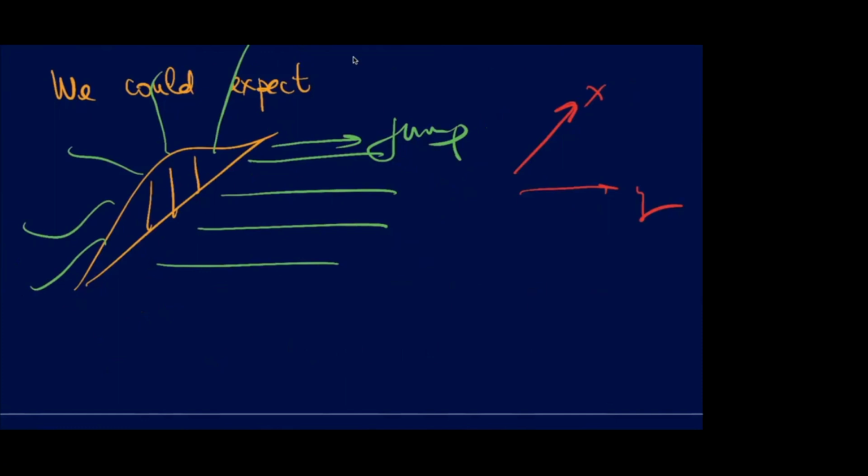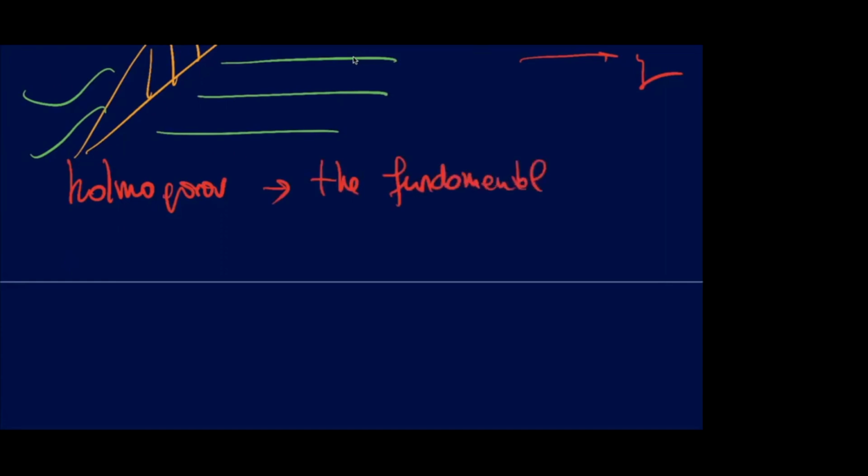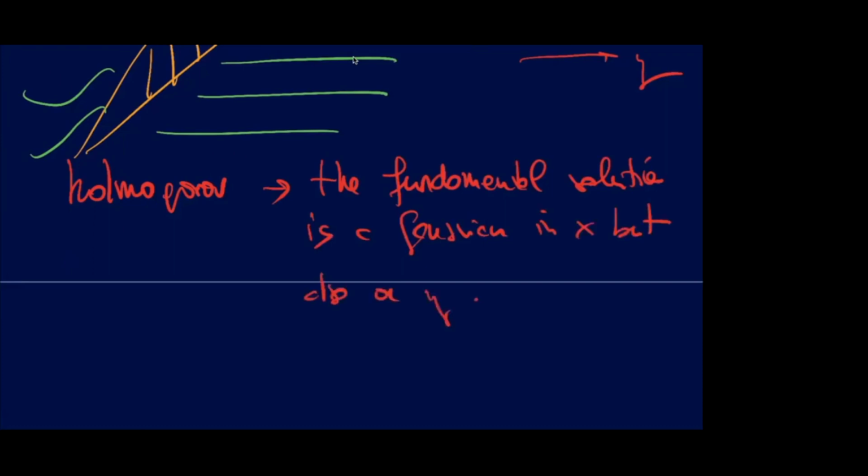But when Kolmogorov computed the fundamental solution, right, it is completely explicit. He discovered something fundamental: the fundamental solution is a Gaussian in X, but also in Y, right?